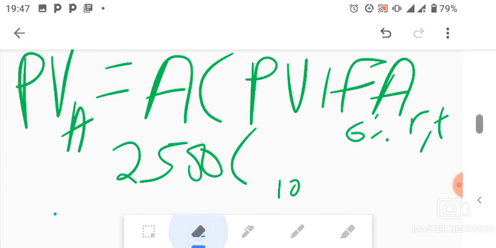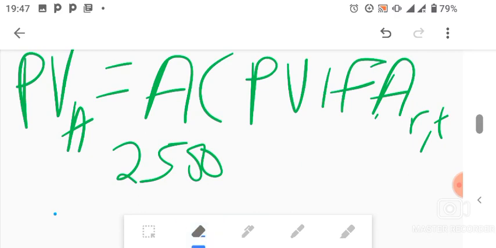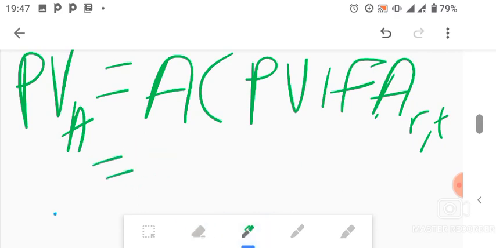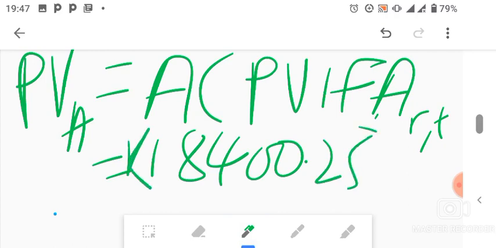When you use that PVIFA table, you should get 7.3601. When you multiply this by the annuity, you get a final answer of about 18,400.25. This is the answer you have computed. Remember, you're trying to check which one is worth more now. You've been offered a 20,000 lump sum.